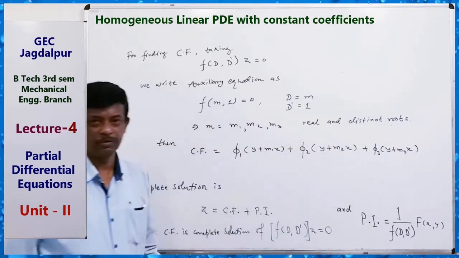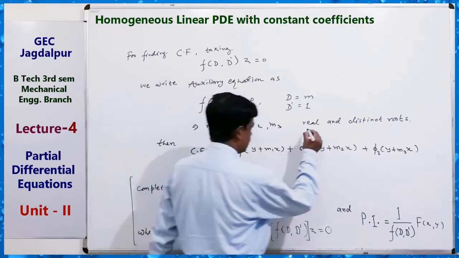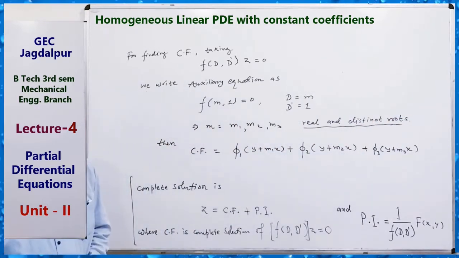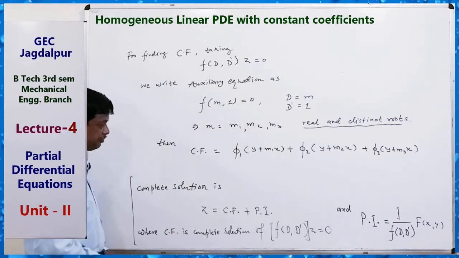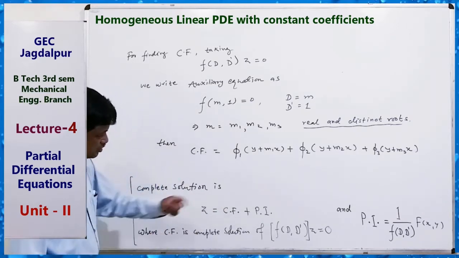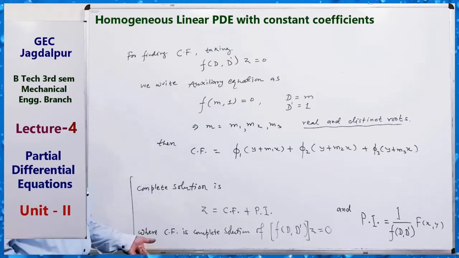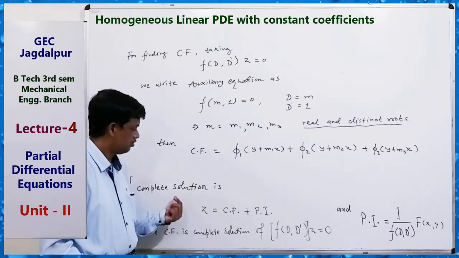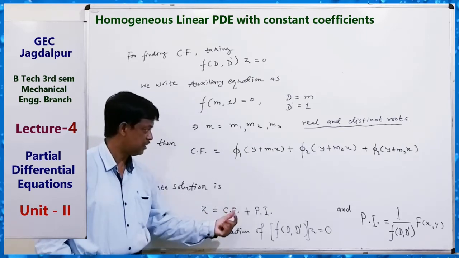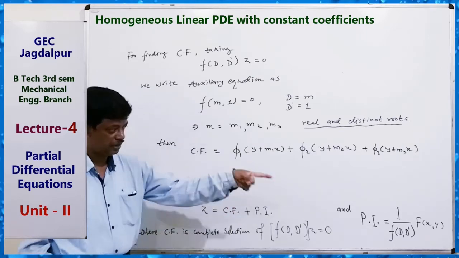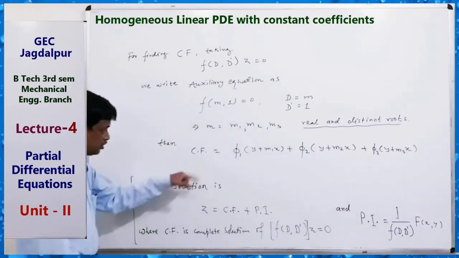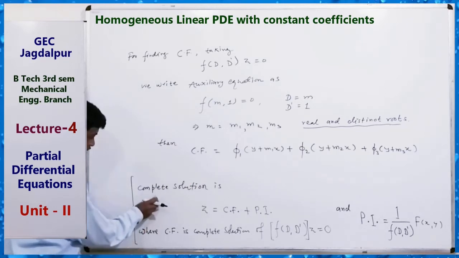So these will be the complementary functions for real and distinct roots. Clear? And that will be the CF. Also the PI. Ultimately, we have to write the complete solution of the given equation as CF plus PI. Here first CF, and the rule of finding PI I will discuss later. So first CF.